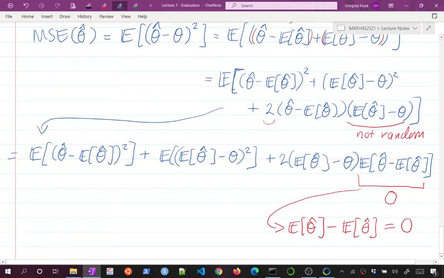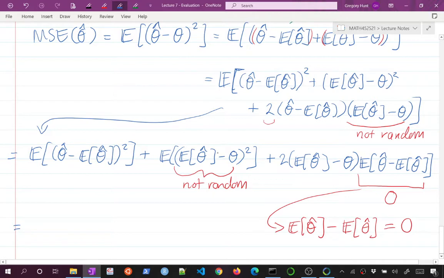And what I'm left with at the end of the day is what? This again is not random. So I actually don't need this outer expectation, because it's not a random quantity.